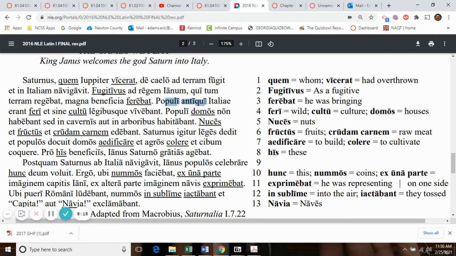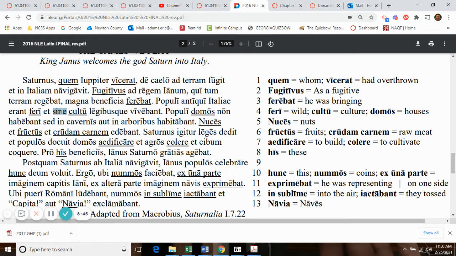Populi antiqui, the ancient peoples of Italy in the genitive, were wild, feri, you can see it right up here given to you, and without culture. And que, remember when you see que, that is the equivalency of putting an et in front of the word to which it is attached. And they were living, vivere, another word that the National Latin Exam loves to use, they were living without culture and laws.